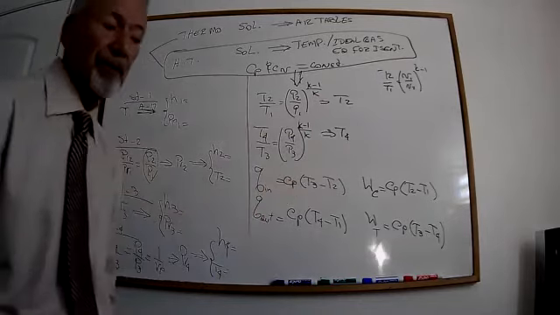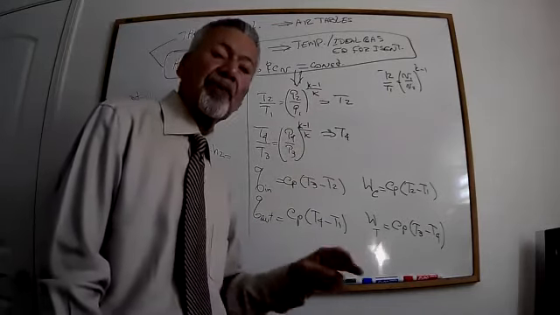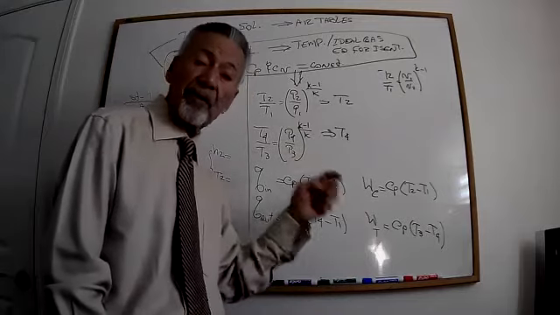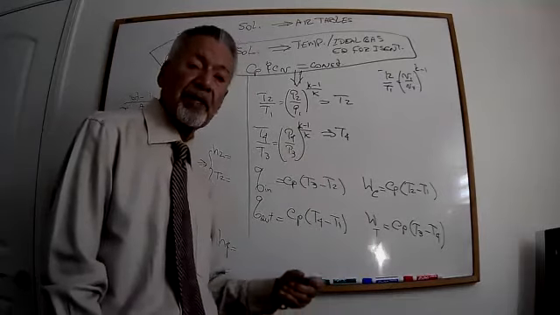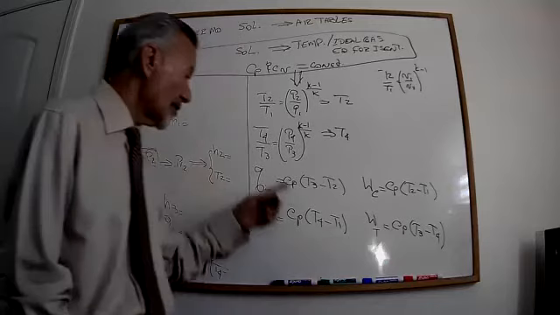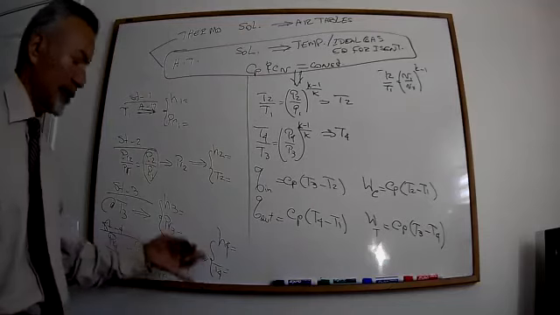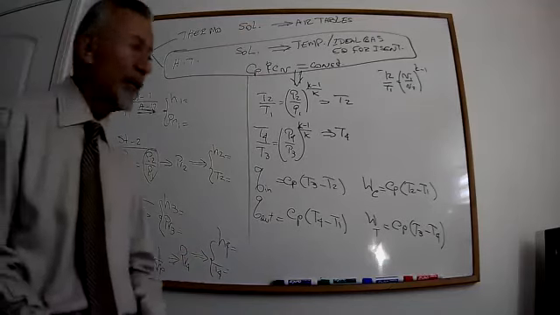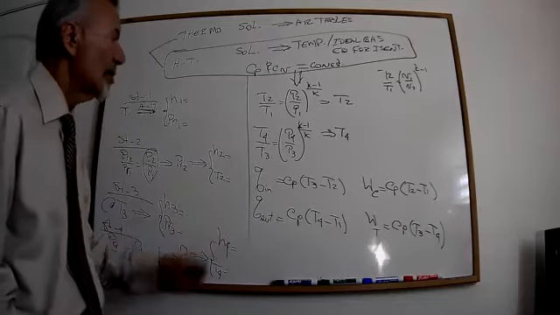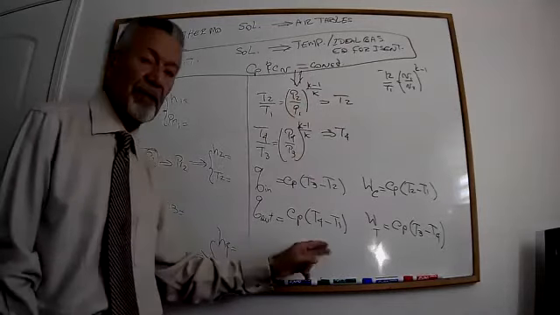Don't get them confused. Otto and diesel cycles deal with the compression ratio. Brayton cycle deals with the pressure ratio. So that's why we find PR1 and PR2 and PR3 and so on in order to get the value when we go into the table. And if we go this route, when this is constant, we can use this equation.